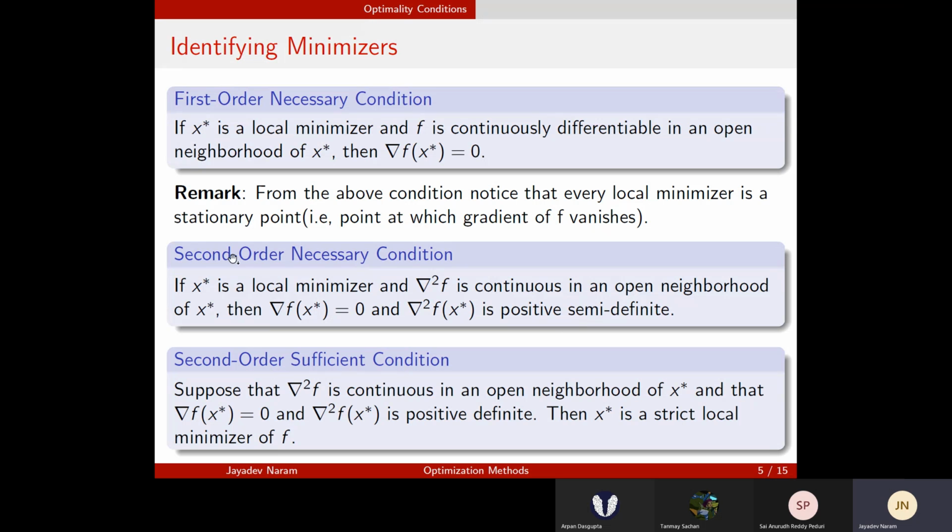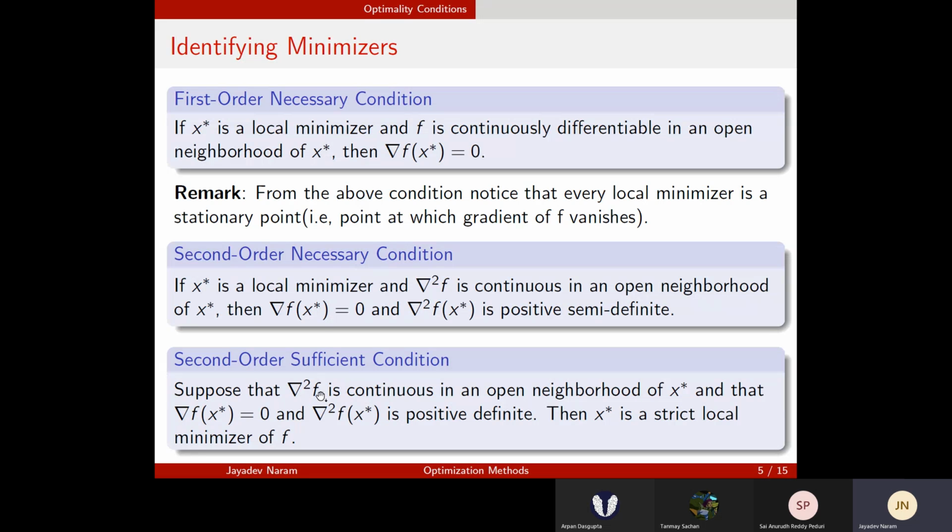So far, a local minimizer will satisfy these two conditions, but it's not necessary that if these conditions are satisfied, then that point is a local minimizer. Here we actually have a sufficient condition, but we need second order requirements of the function.